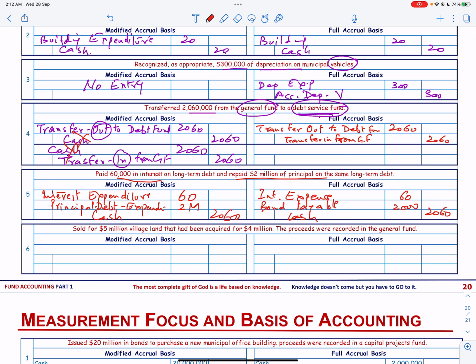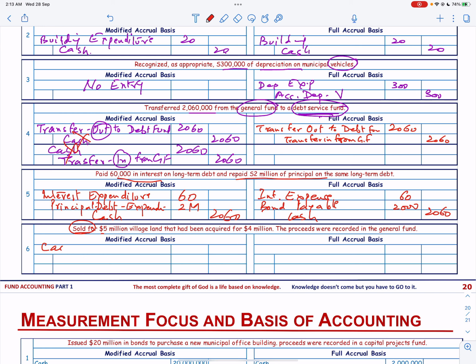So under modified accrual basis, remember that under fund accounting all payments are recorded as an expenditure. But here we are selling, so there is not an expenditure, rather we are receiving cash.